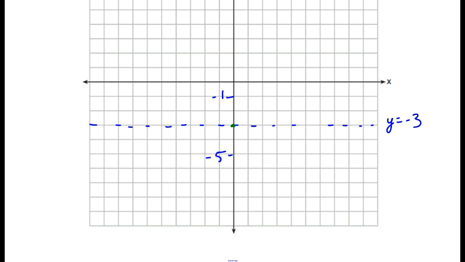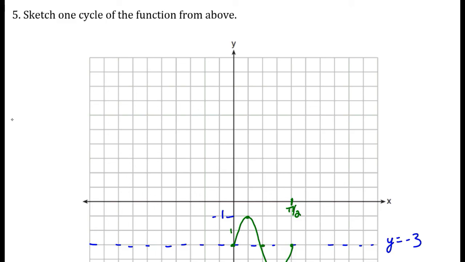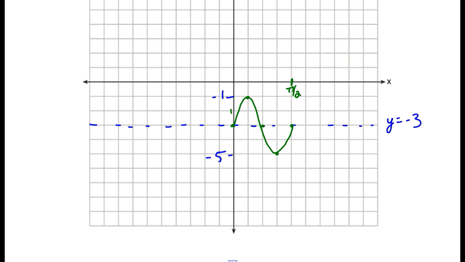So here's one cycle of that curve, where this 4 units over is really a pi over 2. It's not 4. I relabeled it pi over 2. We sketched one cycle. So that's the graph of our function, y equals 2 sine of 4x minus 3.